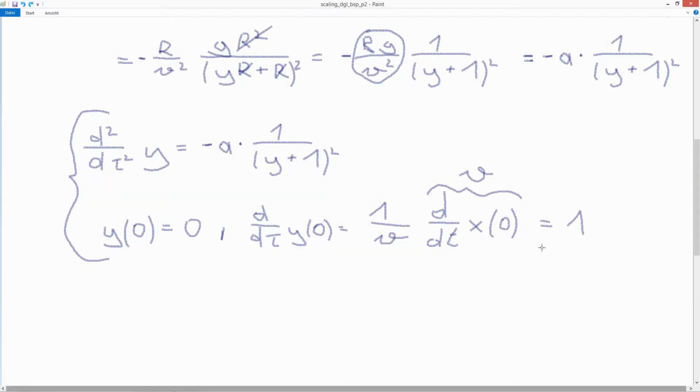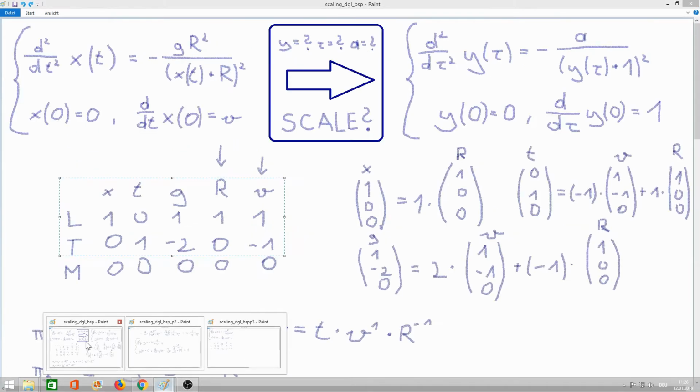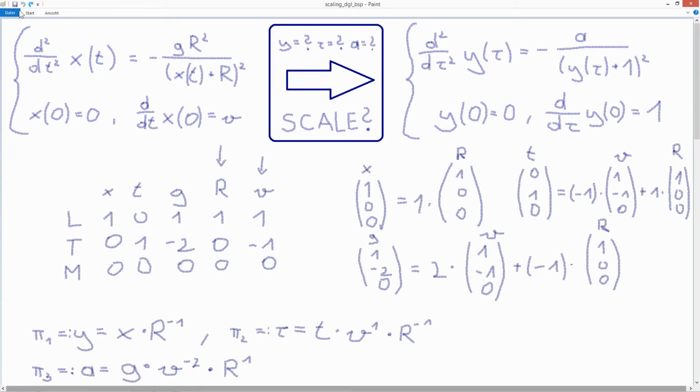Okay, I want to talk about one last thing. As I told you before, choosing another pair of linear independent columns at this point here leads to different pi factors and therefore a different scaled differential equation.